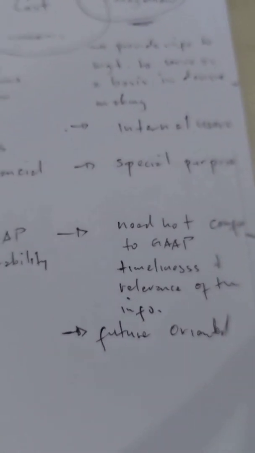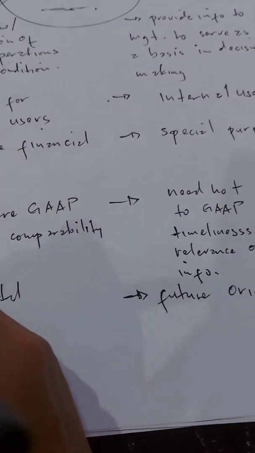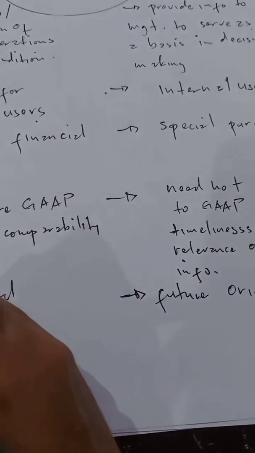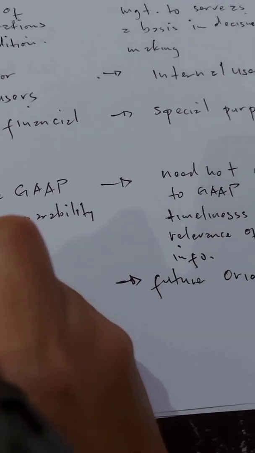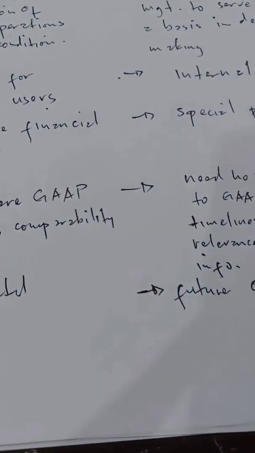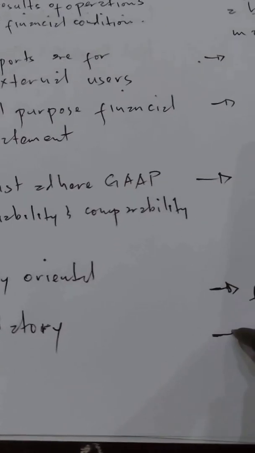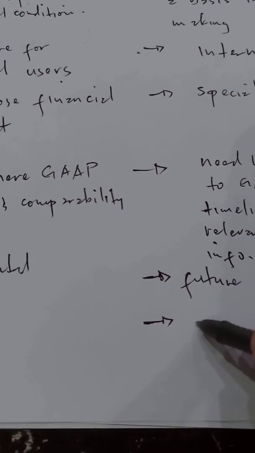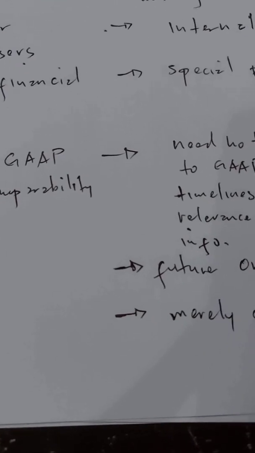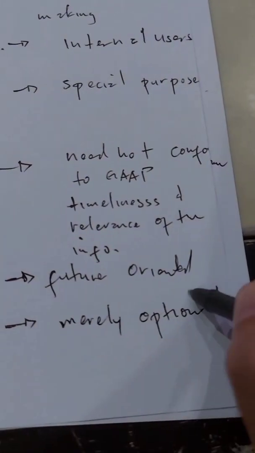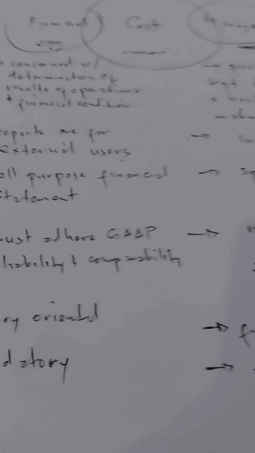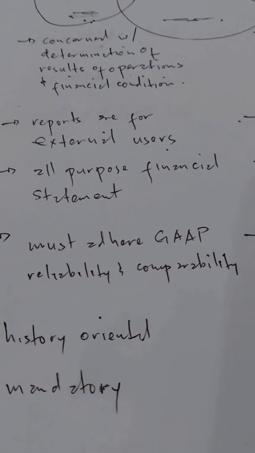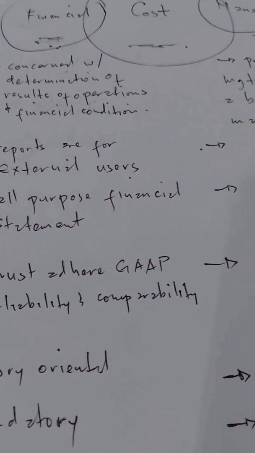As to existence, ang financial accounting is mandatory. Lahat ng business dapat merong financial accounting. And, kapag naman management accounting, ang existence niya ay merely optional. Depende kasi sa need ng management. So, yun yung difference nila between financial and management accounting.